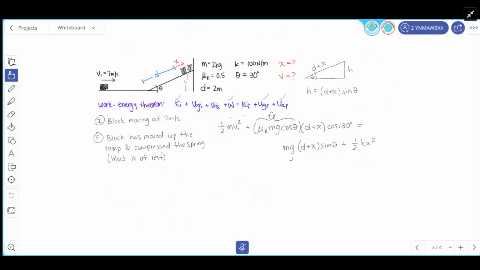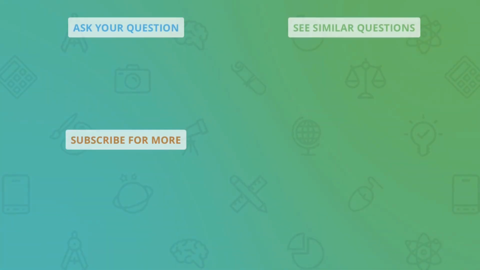And we are going to, in this equation, be solving for x. We have d is the 2 meters. Our coefficient of friction we know, so we have all our information here. And we will be able to solve that equation for how far the spring has compressed when the block has come to rest, and that's going to give you your value for x.